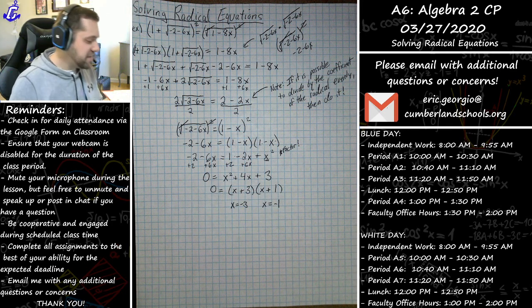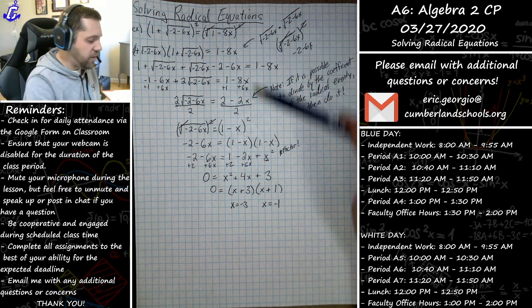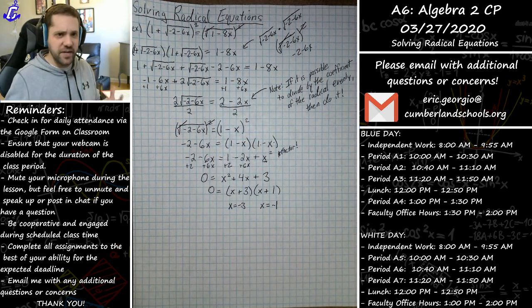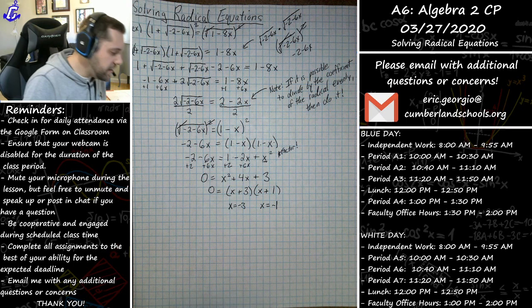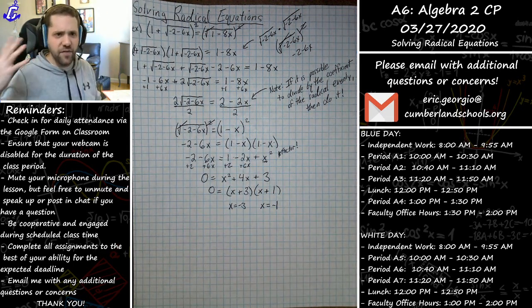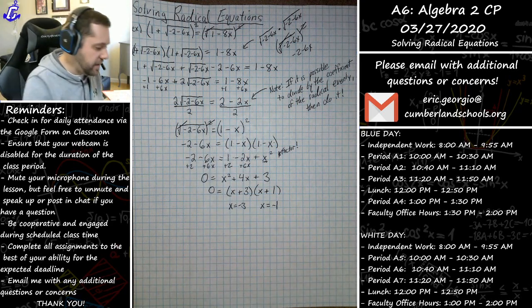All right, great. So one other thing to keep in mind, again, is we do have to check for extraneous solutions. I know when you're looking at a problem like this, a problem that fills up almost an entire page, it can be very intimidating, and I totally understand that. But none of these steps, I don't think, are beyond what you have already learned how to do. It's just a lot of steps put together in a row.